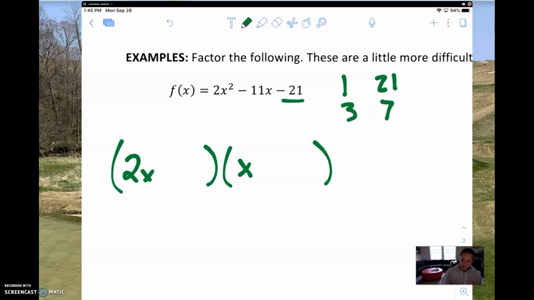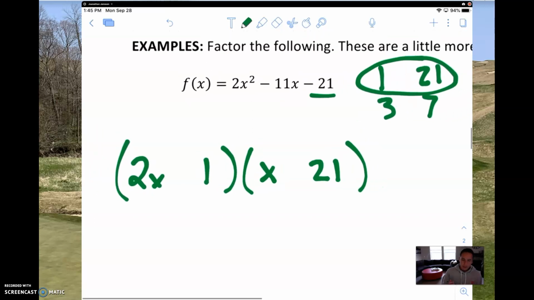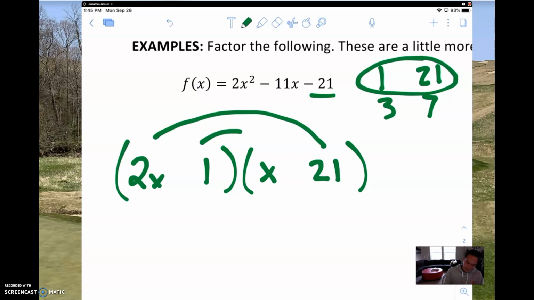So let's go ahead and try this 1 and 21 first. So I'm going to start with a 1 here and a 21 here. And what we are going to be doing is looking at the outside ones and the inside ones. We're going to see what happens when we multiply those and combine those.